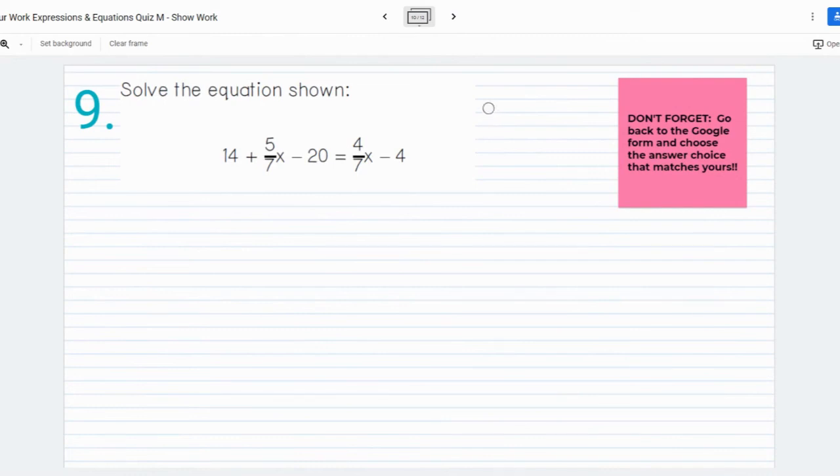All right, solve the equation shown. I did not convert these fractions to decimals this time because they don't work out quite the way they're supposed to.